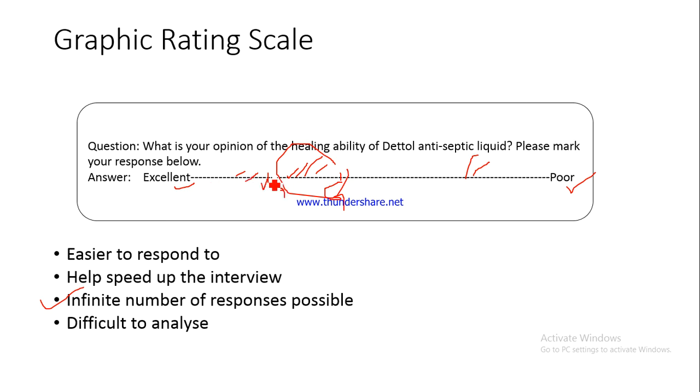Is he trying to say it is almost very good? For example, if very good is somewhere here, then this kind of response is almost like very good, or it is just below very good, which would be a response here, right? So this assessment is going to be difficult. So analysis is difficult as far as graphic rating scales are concerned.